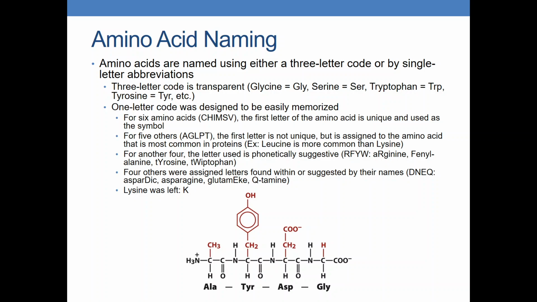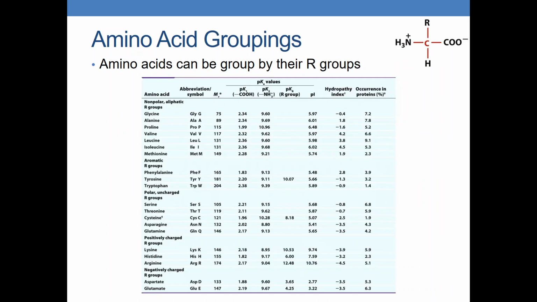Okay, at first this table may seem a bit daunting. This is a summary of everything you need to know about all 20 amino acids. You'll see first that the amino acids are grouped into 5 main groups that are based on the properties of the R groups.